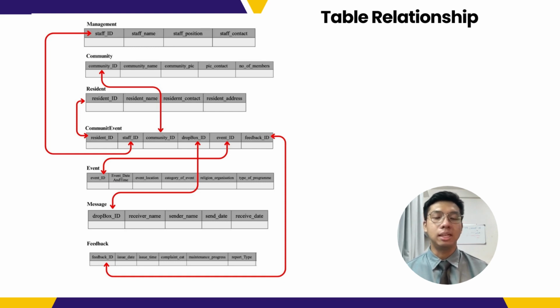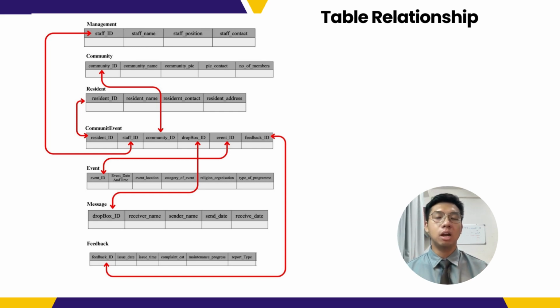Second is the community table. We can see the community ID, community name, community PIC, PIC contact, and also number of members. So the primary key is community ID, which is also the foreign key for the community events table. And the third is the resident table, which has the resident ID, resident name, resident contact, and also resident address.